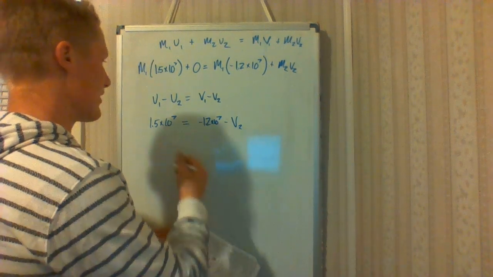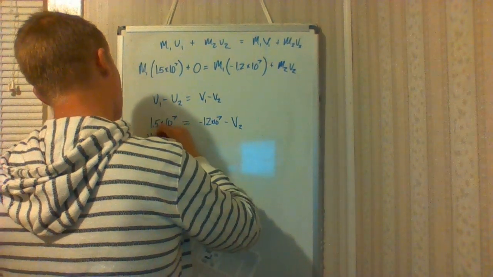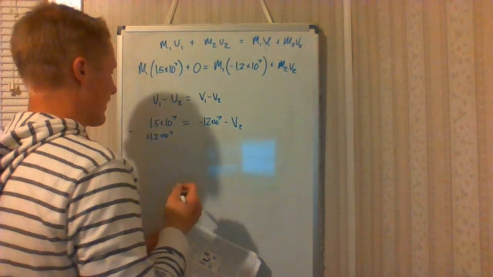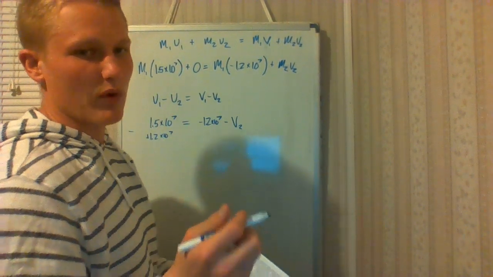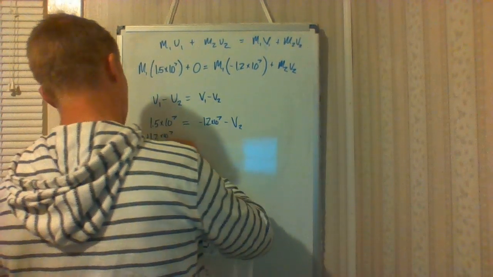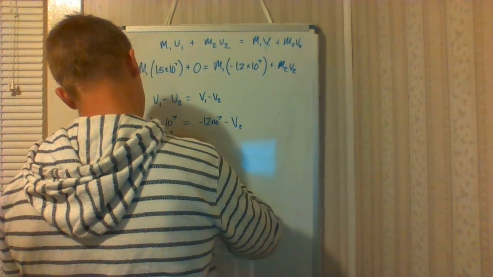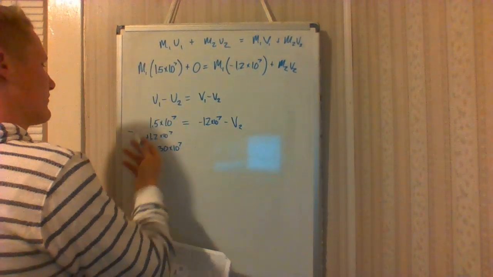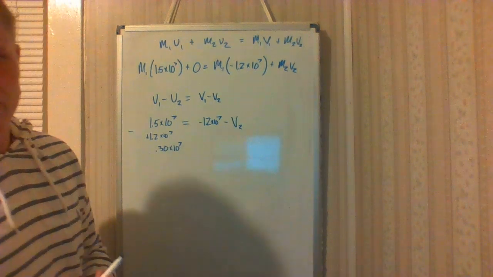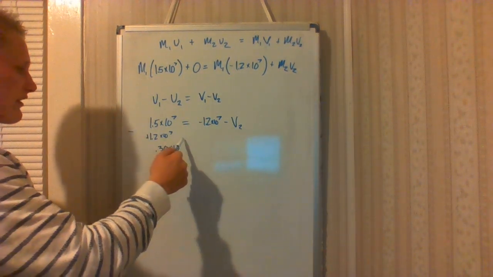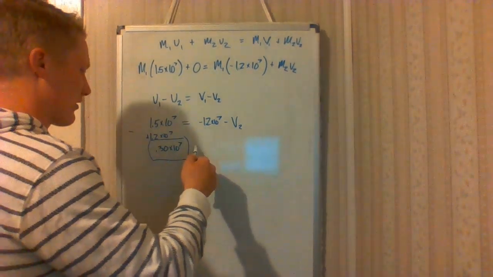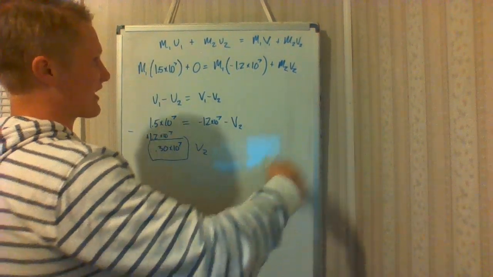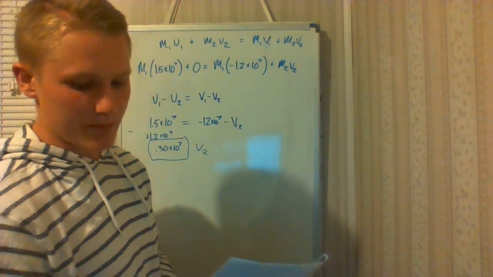When we solve for v2, it comes out to be 0.30 times 10 to the 7th. Subtract that from that and flip the signs, and you get your 0.30 times 10 to the 7th for v2. So that's the answer to A, but now we need to plug that back into this equation up here for B.